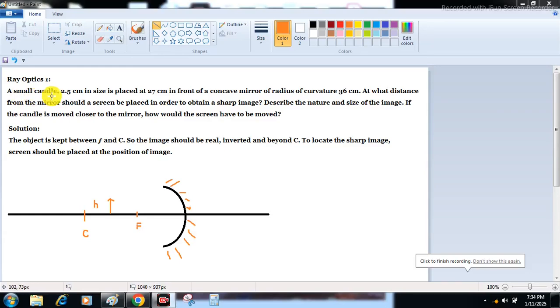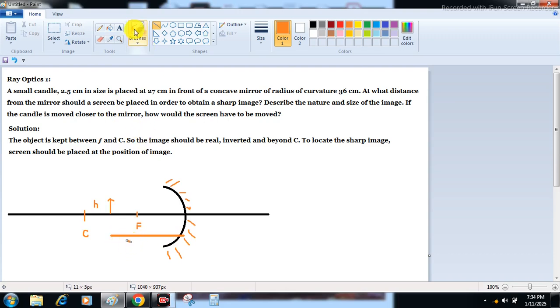A small candle, 2.5 centimeters in size, is the height of the object, denoted by h, and is placed at 27 centimeters in front of a concave mirror. This is the object distance, denoted by u.